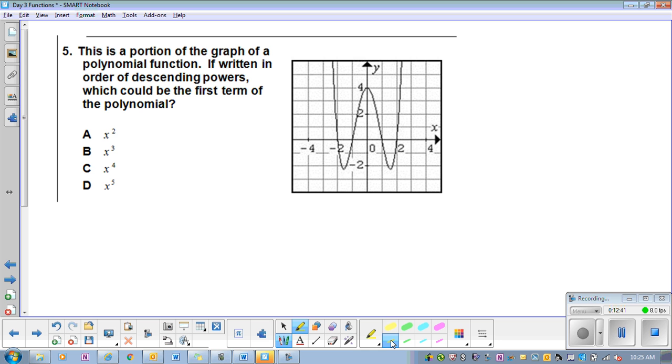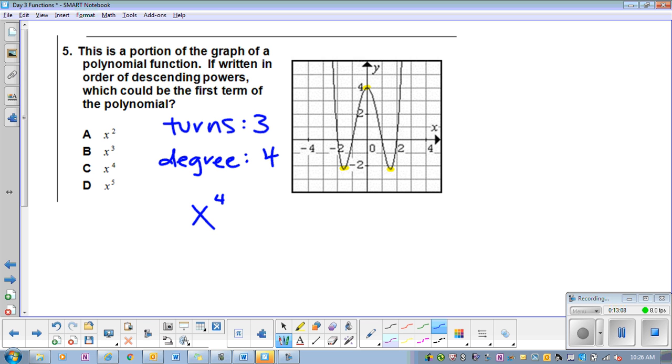Here's 1, 2, and 3. It turns 3 times. Well, if it turns 3 times, your degree, or the biggest exponent, is always 1 more than your turns. So it's 4. That means this is x to the 4th, right?